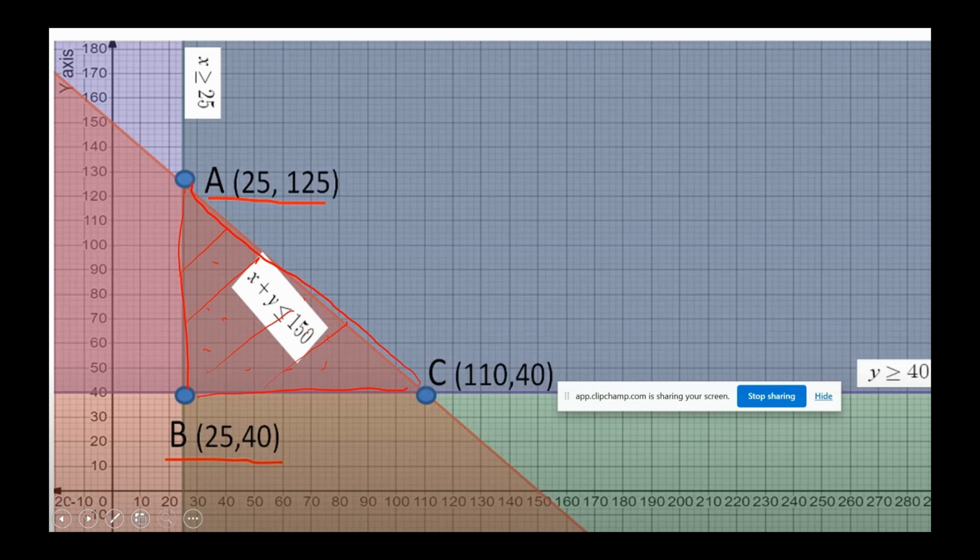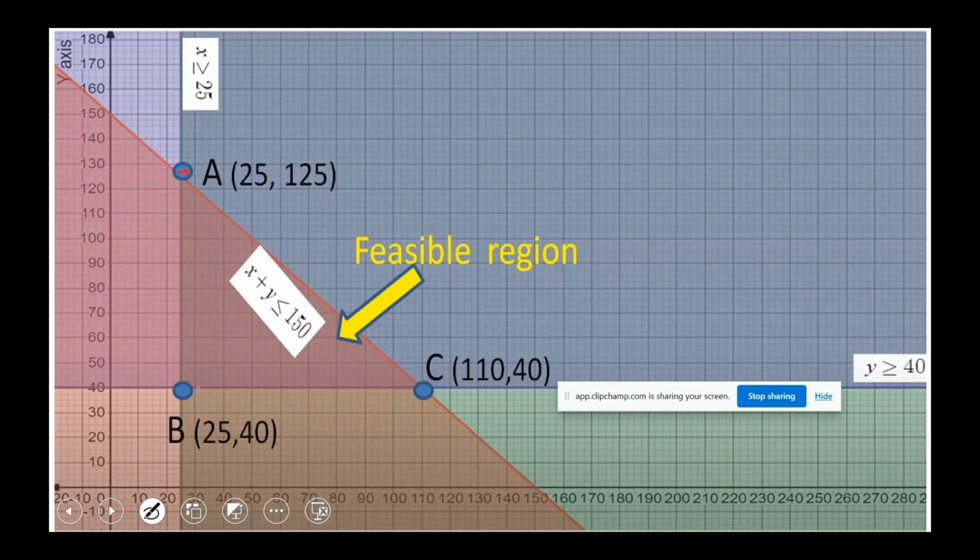So it can be A, it can be B, it can be C. Why have we taken A, B, C? Because obviously the solution will lie at a vertex, either here or here or here, because these are the limits.